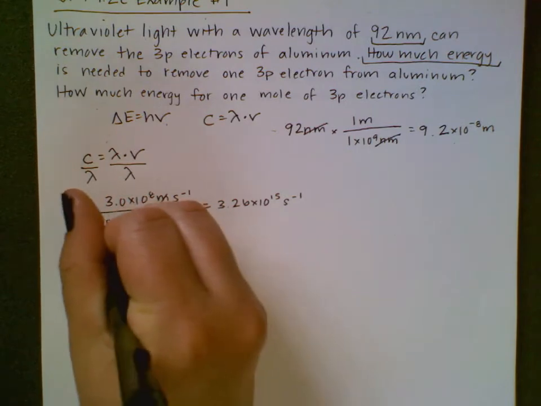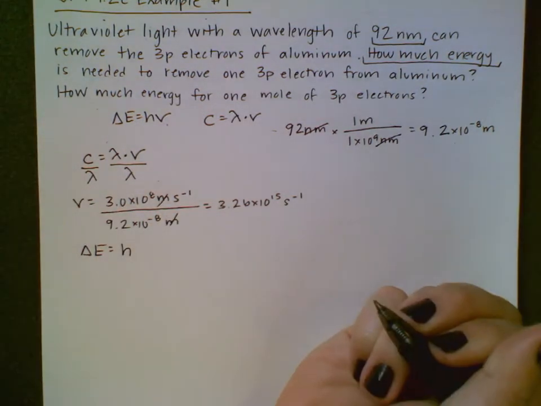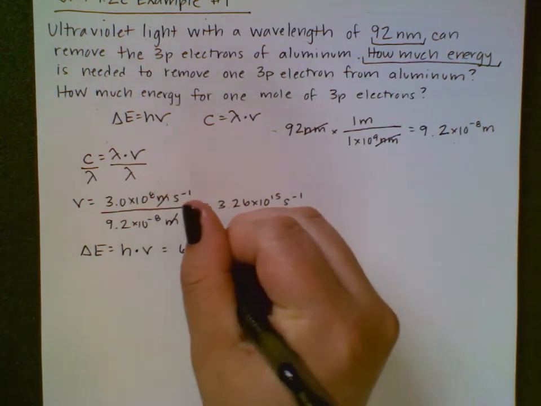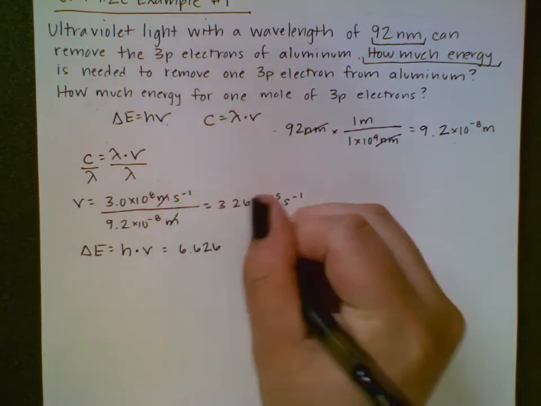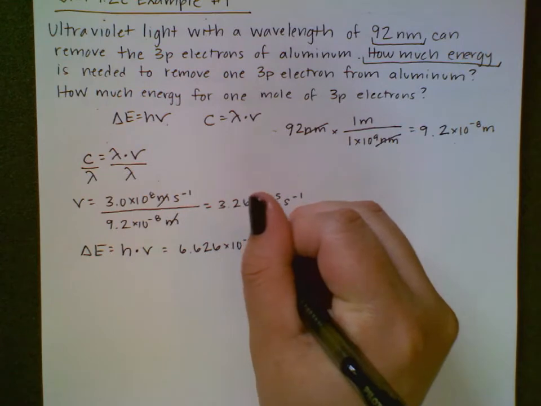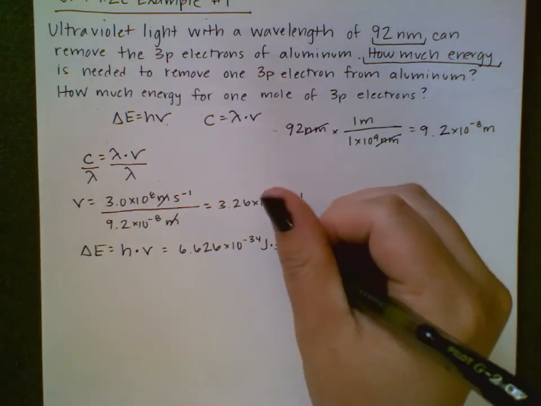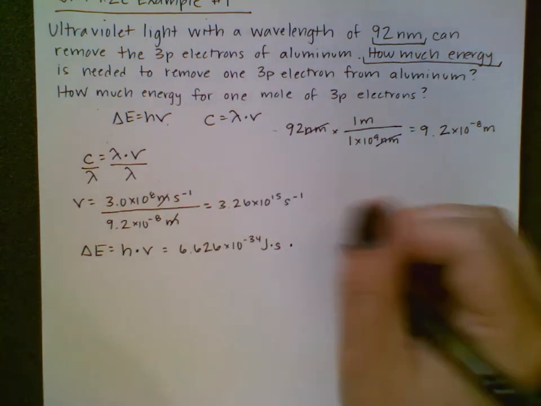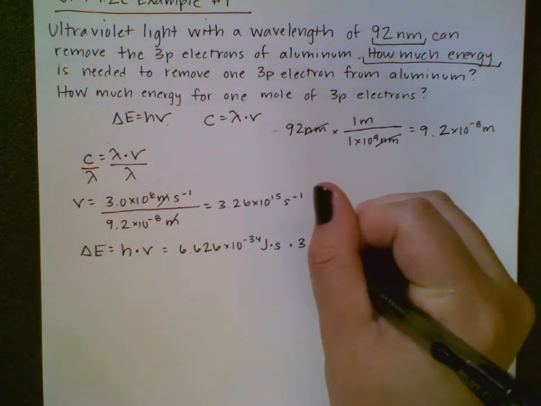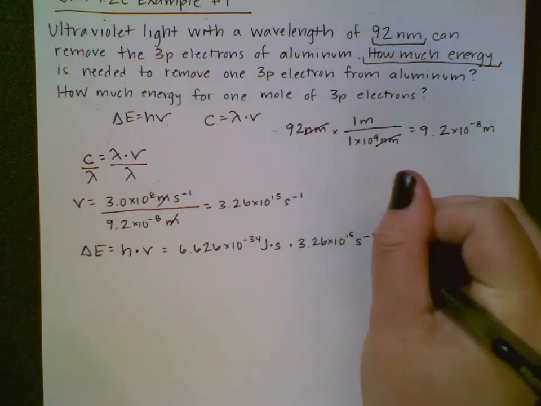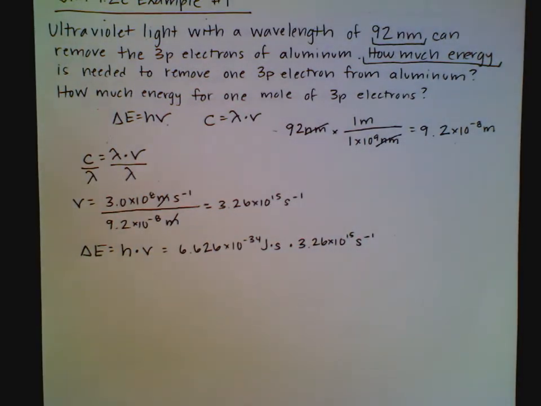So my change in energy is equal to h, Planck's constant, times nu. So that Planck's constant is 6.626 times 10 to the negative 34th joule seconds times my frequency, which is 3.26 times 10 to the 15th seconds to the negative 1. Now, what I've seen in the past with some students is that they just put in the symbol for frequency, and that's not going to fly.